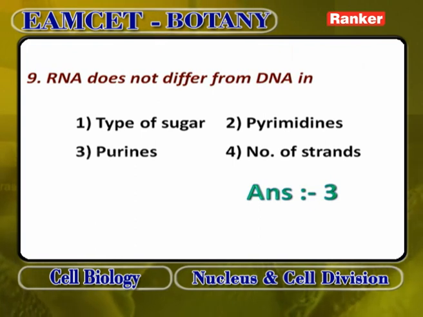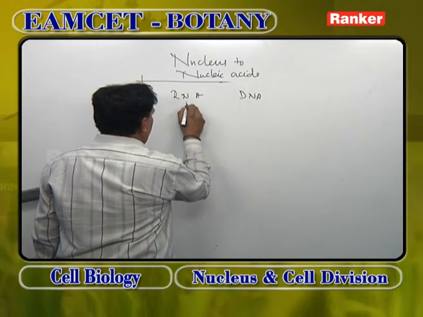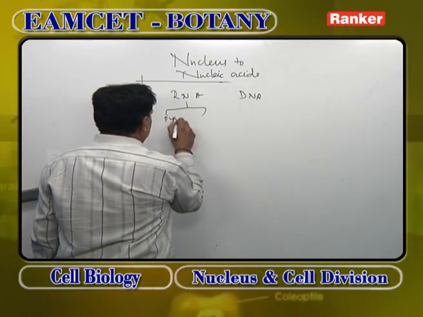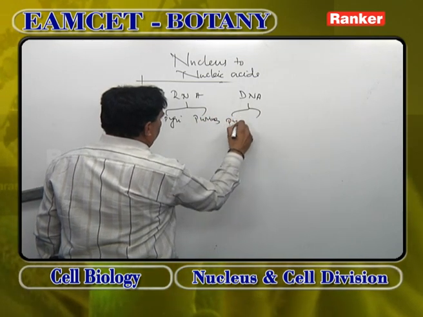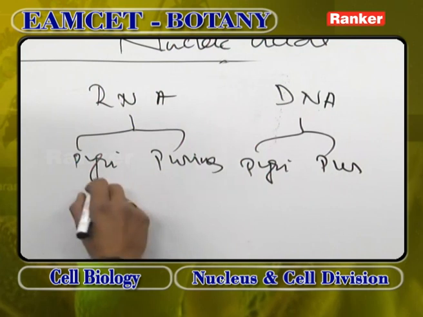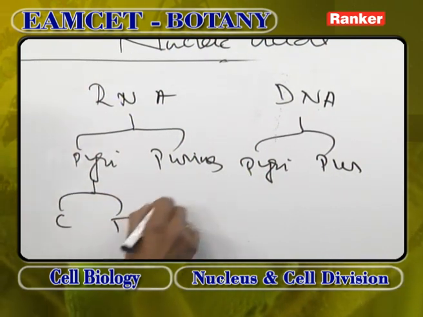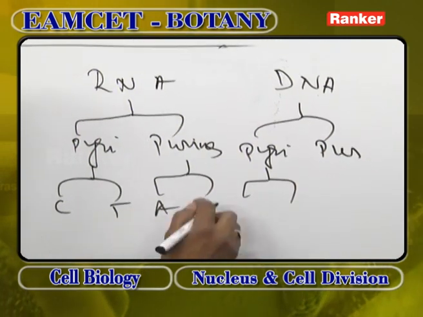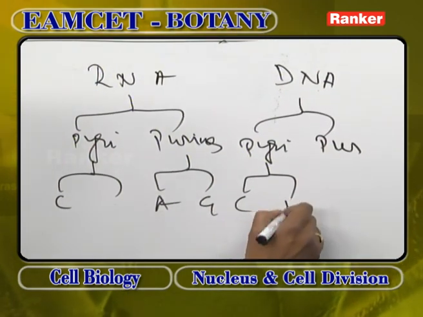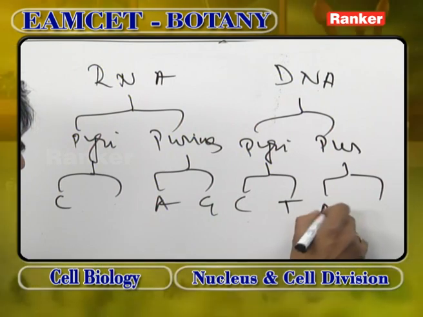RNA does not differ from DNA in. In DNA and RNA, you will find pyrimidines and purines. In both, pyrimidines and purines. Pyrimidines are cytosine, thymine, purines are adenine, guanine. In DNA, pyrimidines are cytosine, thymine, purines are adenine and guanine.